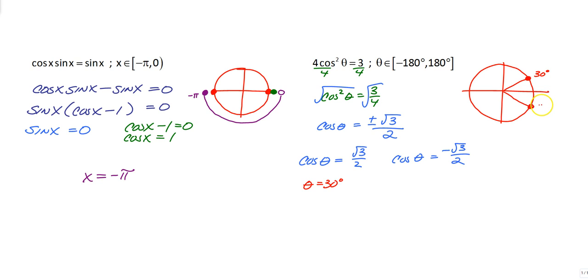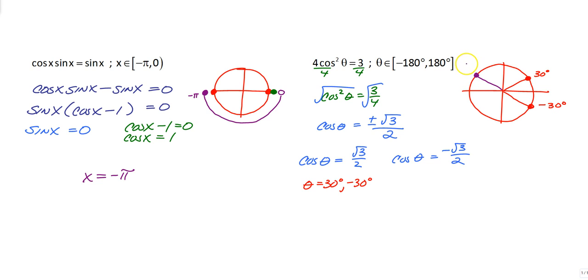Now I want you to think about that 330 degrees for just a second. We have to be between negative 180 and 180. So instead of 330 degrees, you're going to want to think about that guy in terms of negative 30 degrees. Okay, and now we still have to go use cosine of theta is equal to negative square root of 3 over 2. So if we're at negative square root of 3 over 2, that's when x is negative, so cosine is over here.